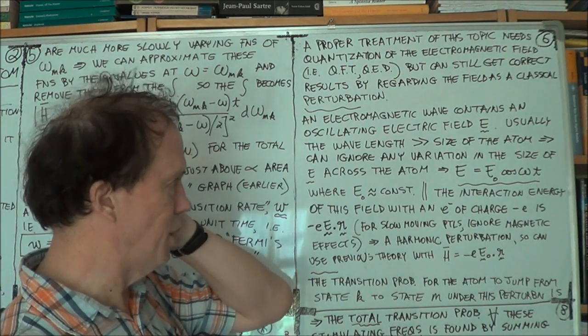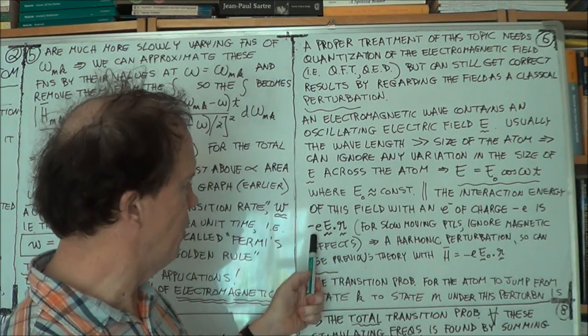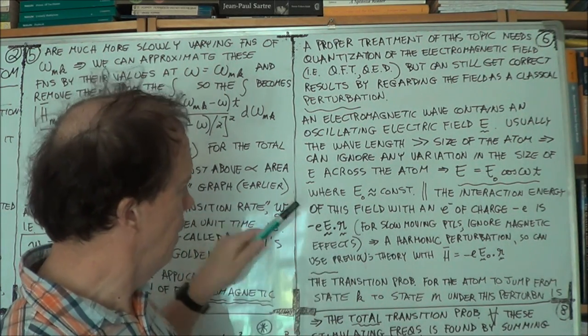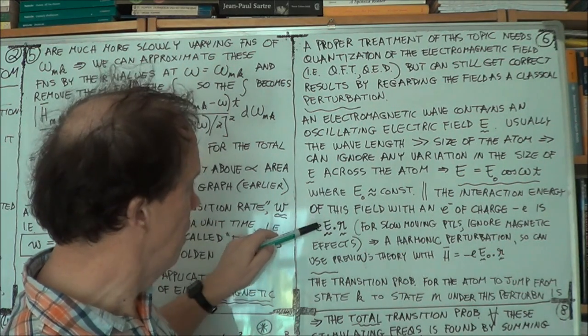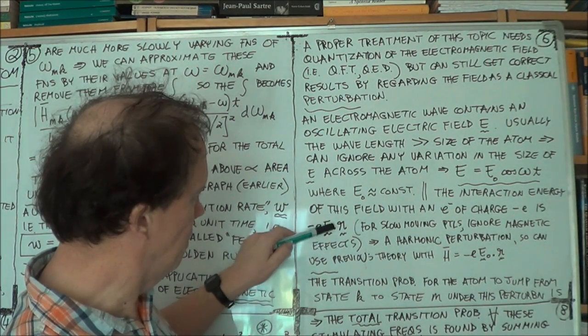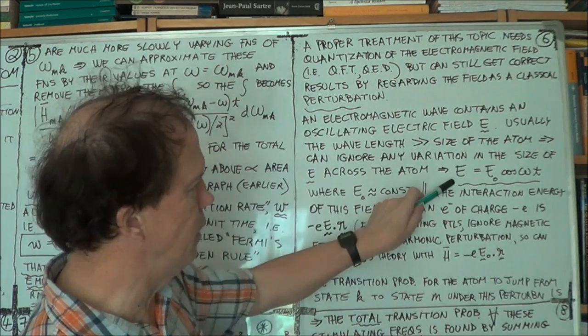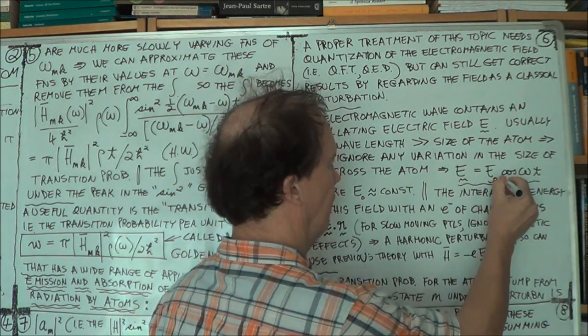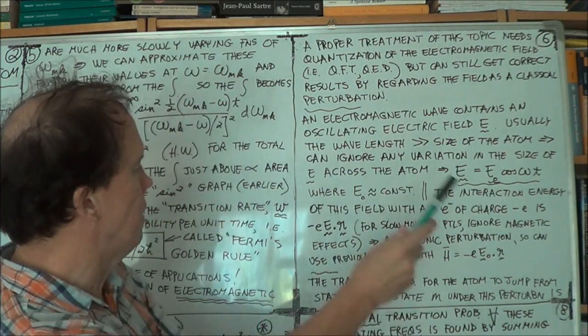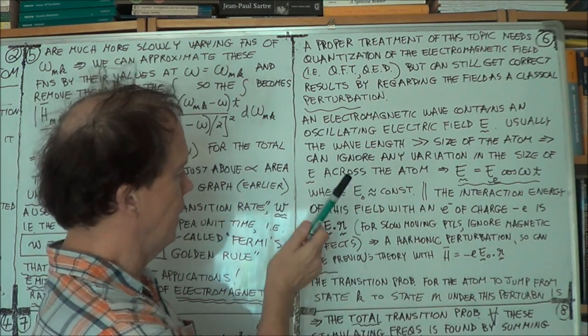The electron charge is minus e. So your potential energy will be of this sort of form. Here minus e, little e, is the charge on the electron. Big E is the perturbing electromagnetic field. You could have that as vectors, so E dot r.